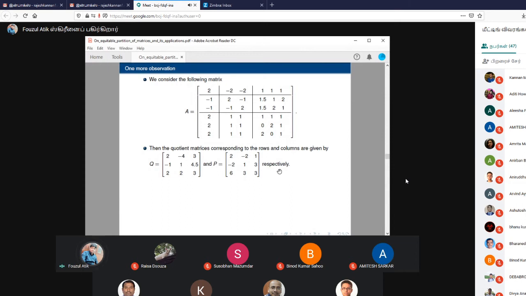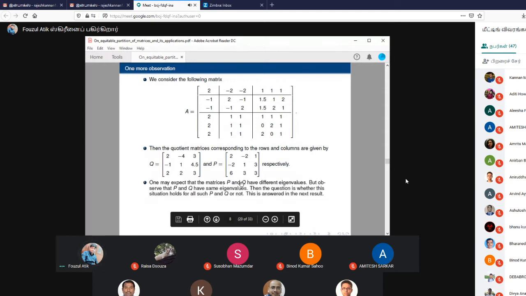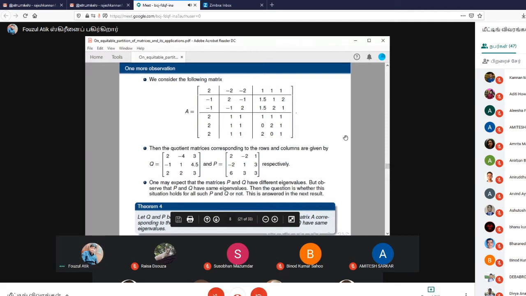The answer is no. If we have the same partition set, that means the same blocks whose row sums and column sums are constant, then maybe we could get different eigenvalues, but it can be proved that they are similar. So this is another result, defined in theorem 4.